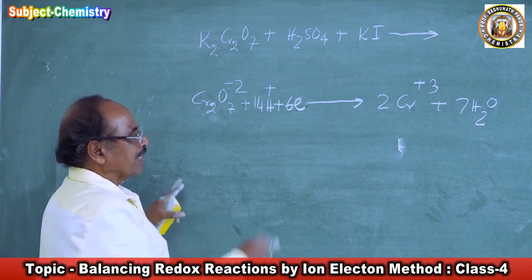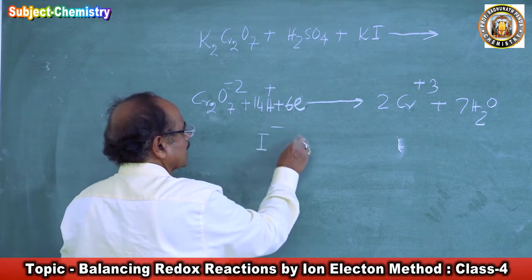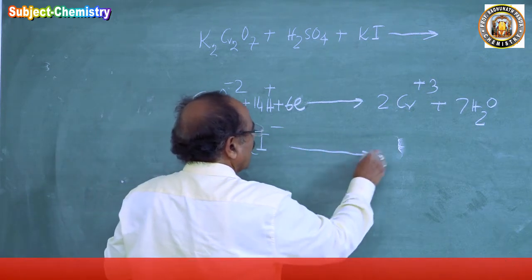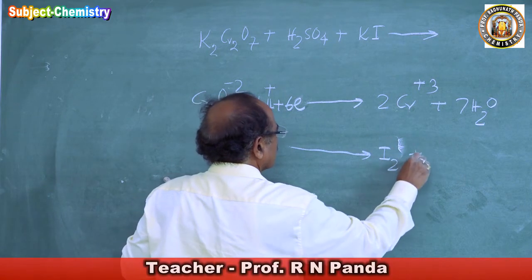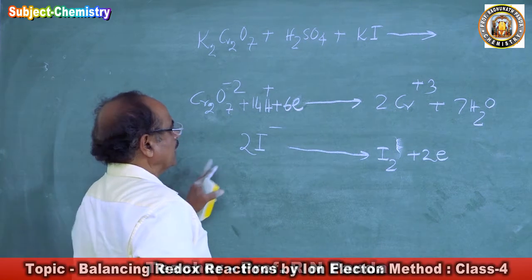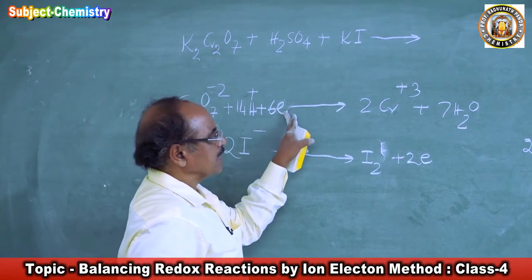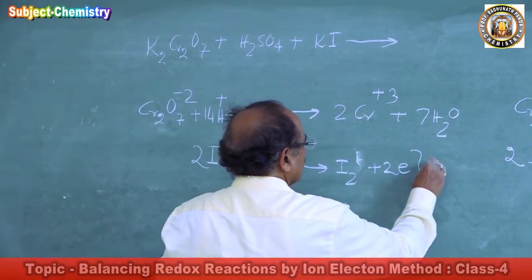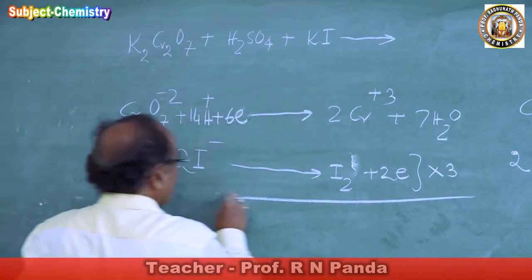7 water. Then comes I minus: 2I minus is becoming I2, so we'll have 2 electrons. Here 2 electrons, there 6 electrons, so we will multiply by 3 and add.